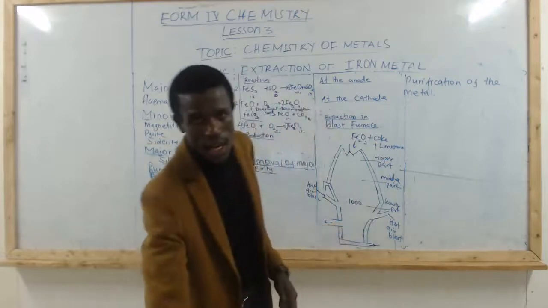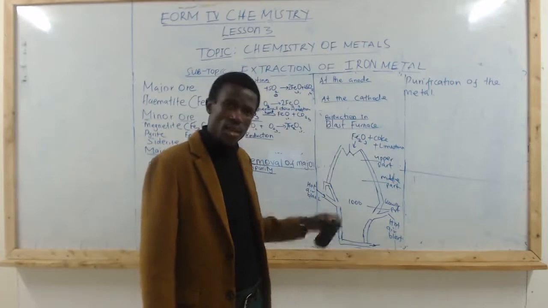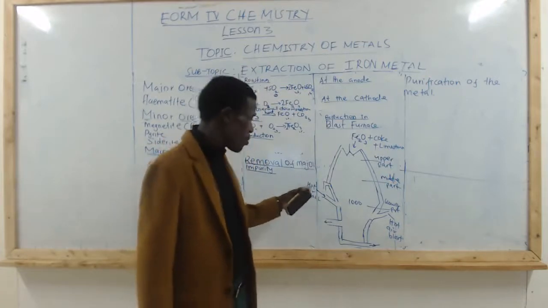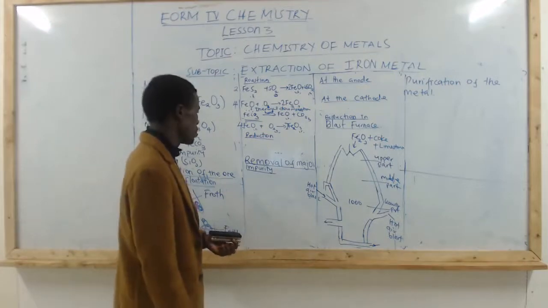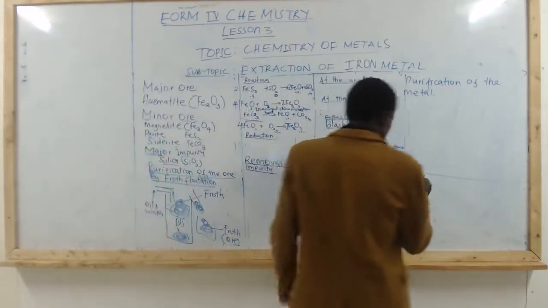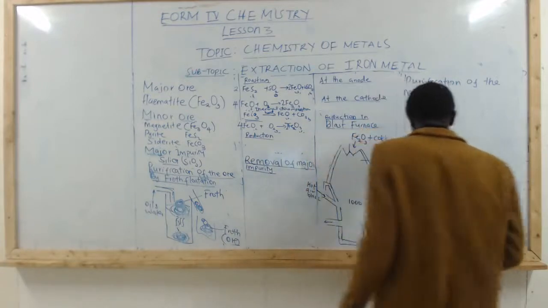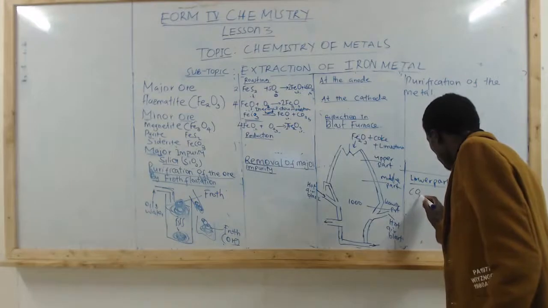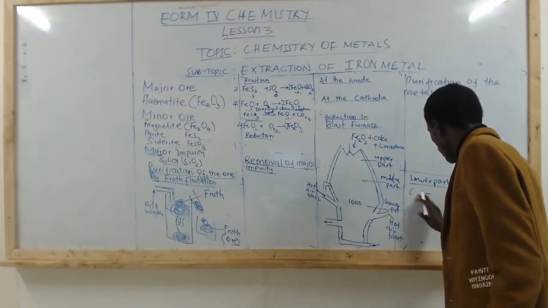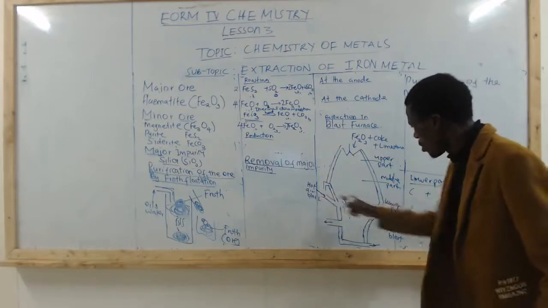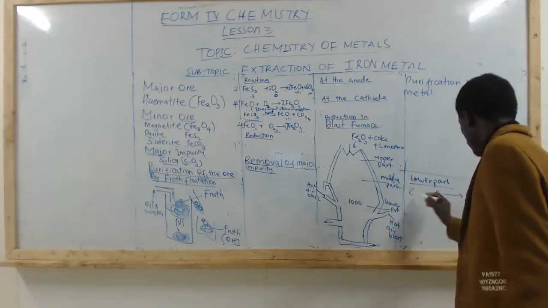When the coke is introduced into the furnace, at the lower part we have carbon reacting with oxygen to form carbon 4 oxide.